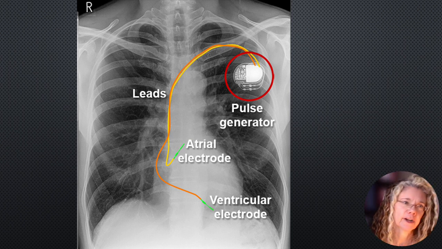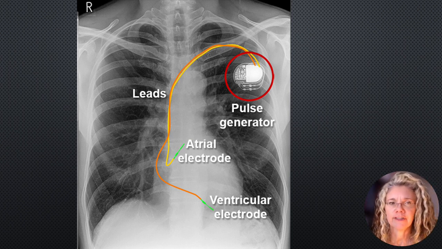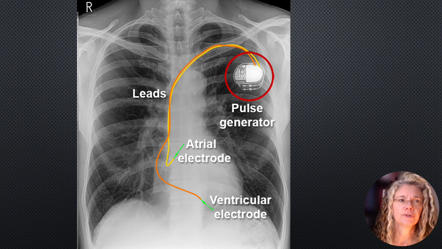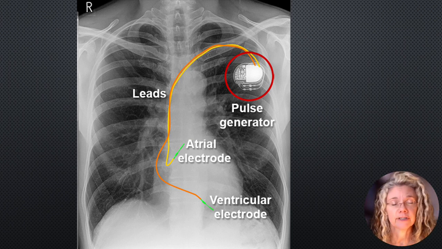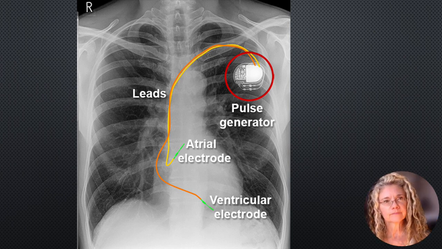We're going to insert that pulse generator underneath the skin, and we're going to feed wires in through probably the left subclavian vein into the superior vena cava, and then into the right atrium, and then into the right ventricle. And that pulse generator will send electrical signals to the heart to regulate its electrical conductivity. Brilliant.